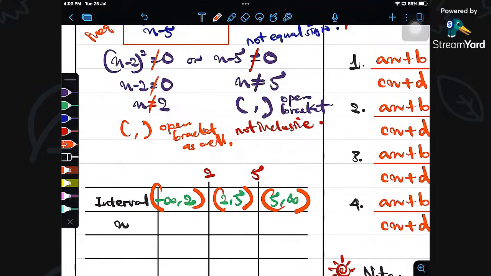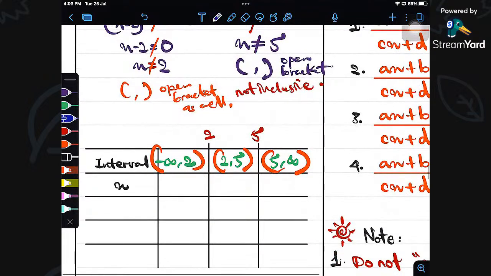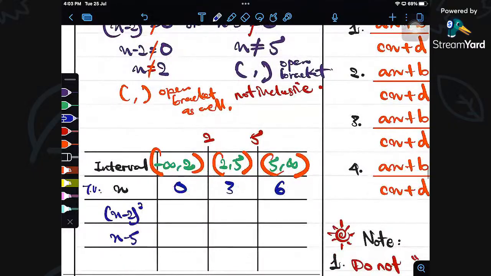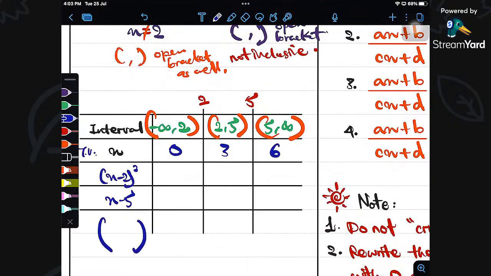And in the end, substitute test values; you will get here 1, 3 and 6. Sometimes some of us like to use 0, that's me. I like to use 0, and then I substitute into x minus 2 squared over x minus 5.